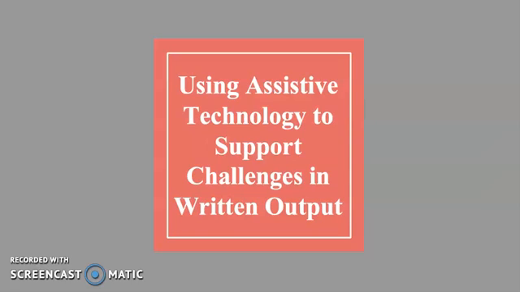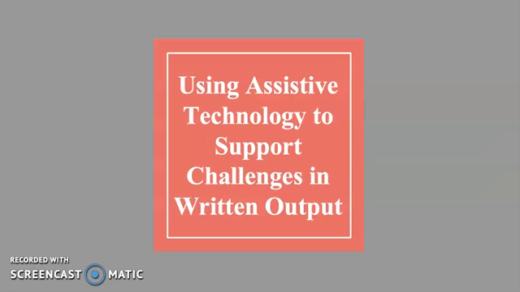Assistive technology can be broken down into three categories, or you may sometimes see this as four categories. But for our purposes, let's say three, and that would be no tech or low tech, medium tech, or high tech.